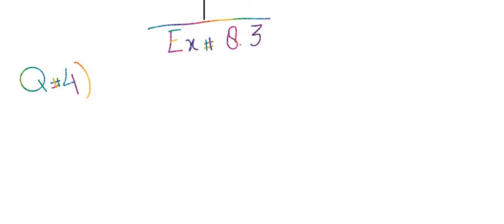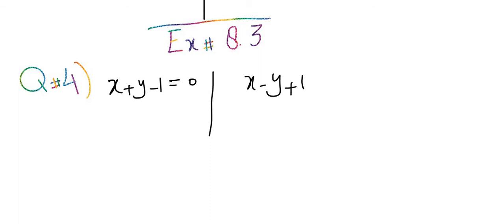There are two lines given here. One is x plus y minus 1 is equal to 0, and the second line is x minus y plus 1 is equal to 0. You know that first of all we separate the y variable because we want to write it in the general form, that is y is equal to mx plus c, and here m is the slope.